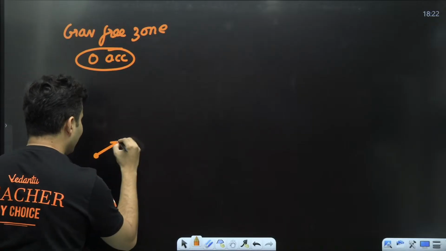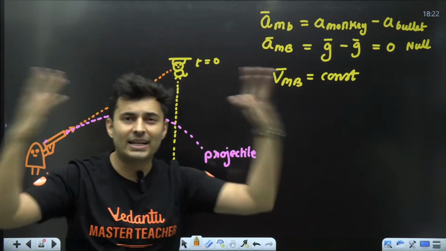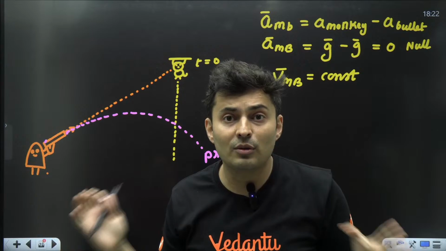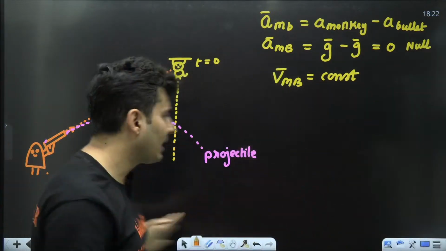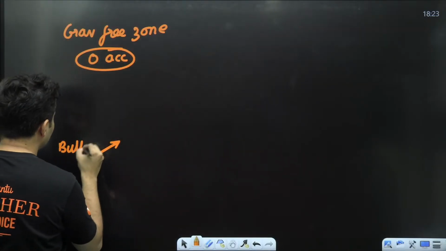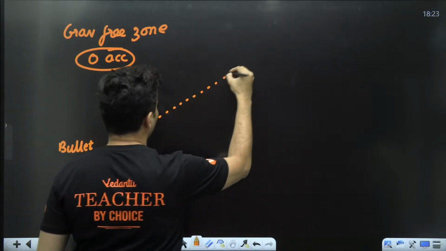See, why am I saying zero acceleration? Because zero relative acceleration, right? Zero meters per second square is the acceleration. So just imagine a zone of 0 meters per second square, gravity free. This bullet is fired in such a zone. How will it go? It will obviously go in a straight line because there is no gravity.